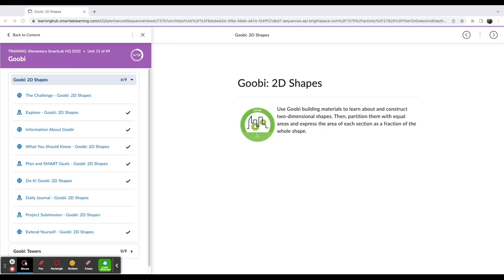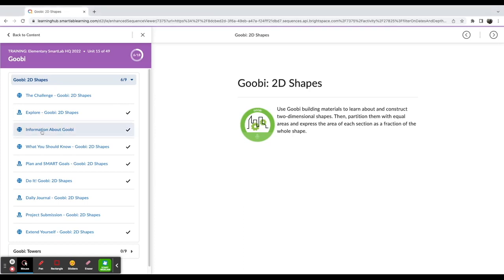The other pages you see in a project starter that are not assignment pages are symbolized with the globe icon. These pages serve as a resource and reference page for the students as they work on their projects. For every project starter, you'll see information about the technology. So this one is information about Gooby. The What You Should Know page introduces the content to the students.